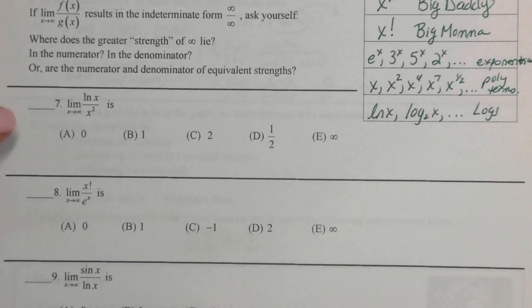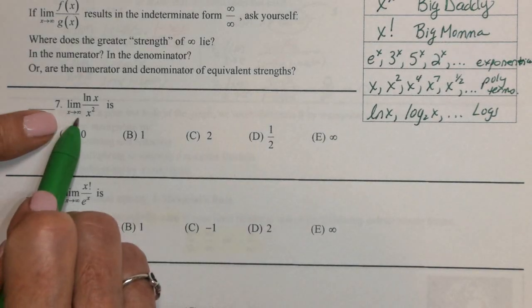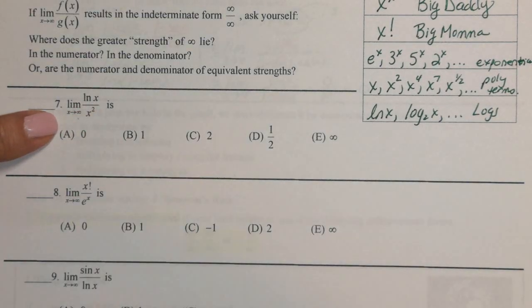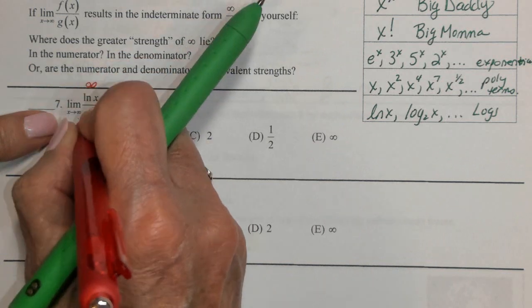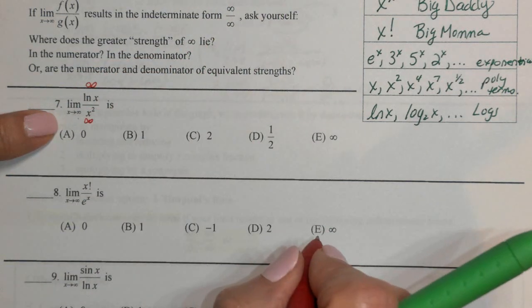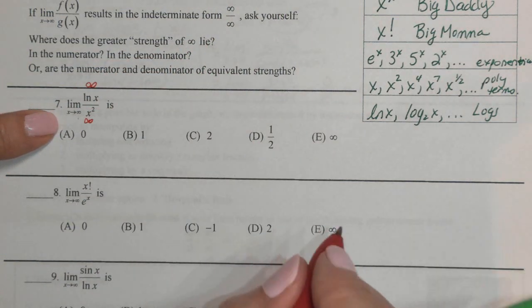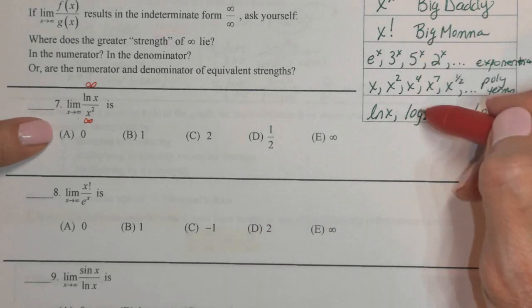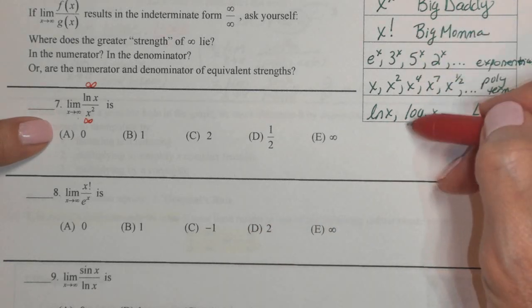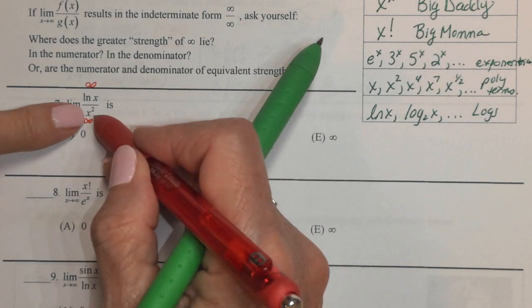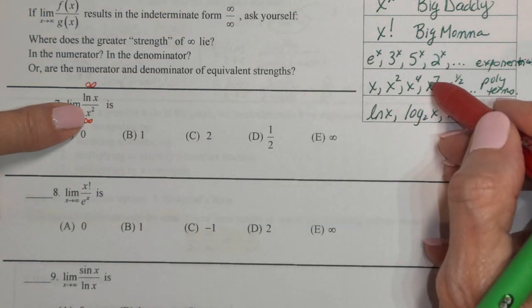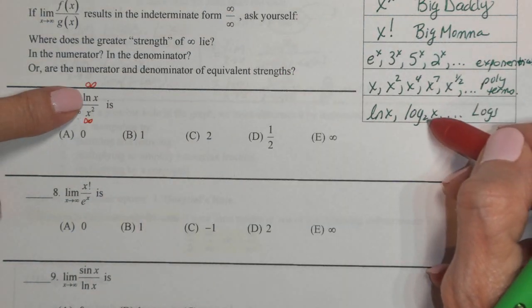Okay, so in number 7, x is going to infinity, and I look, and I do get ln of x is going to infinity, x squared is going to infinity. They're both going to infinity, but they are different magnitudes of infinity. X squared is on another magnitude from ln x.